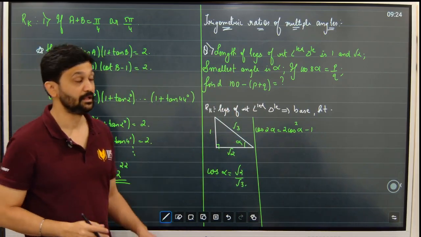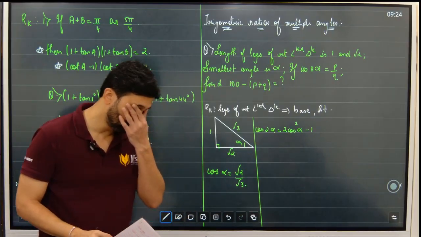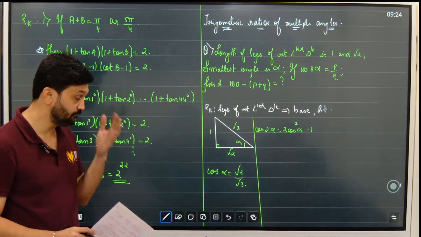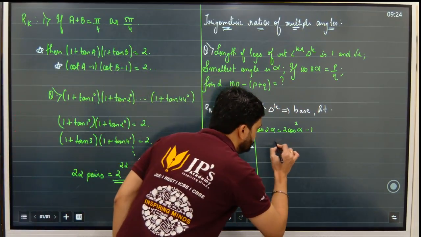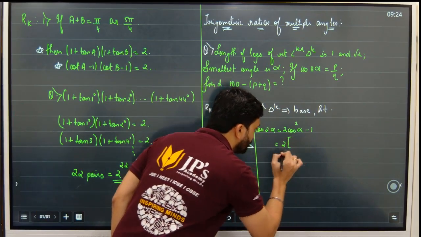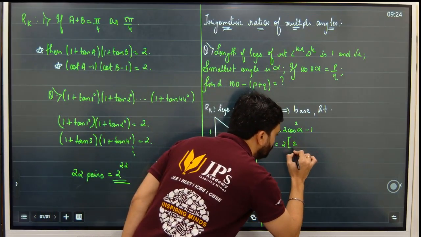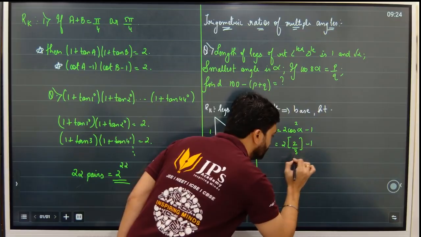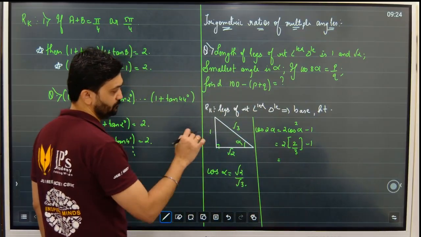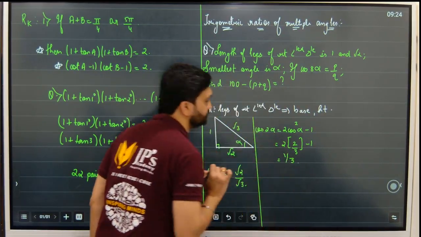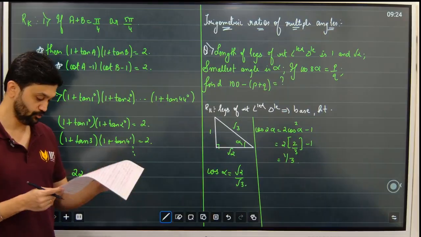I repeat again: cos 2 alpha is equal to 2 cos square alpha minus 1, which is 2 times cos alpha, root 2 by root 3, squared, which is 2 by 3, minus 1. If I multiply this, 4 minus 3, this will become 1 by 3. So I have got the value of cos 2 alpha.